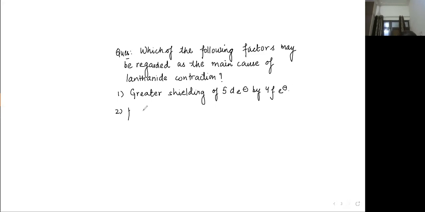Second, poorer shielding of 5d electron by 4f electron.